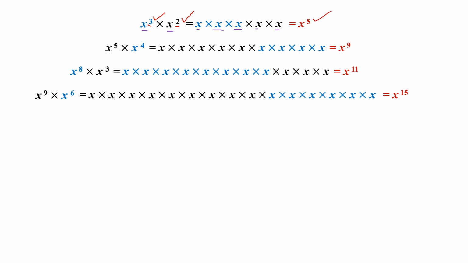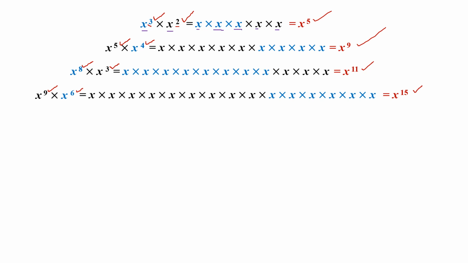Let's move on to the next one. We have 5 as the power here and 4 as the second power. If we add them, we get 9. We have 8 here, that's the power of x, and 3 here. If we add them, we get 11, which is the new power here. We have 9 and 6. If we add 9 and 6, we get 15, which is the new power here.